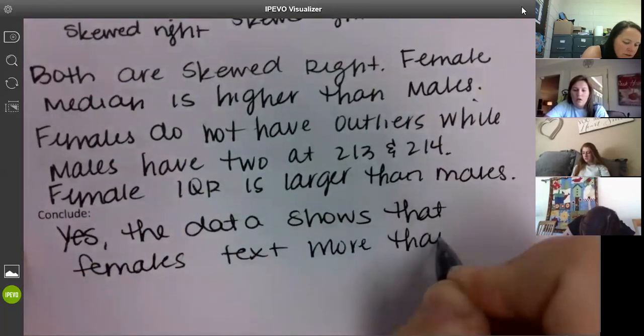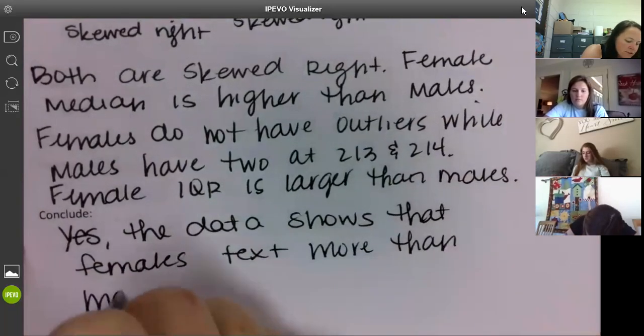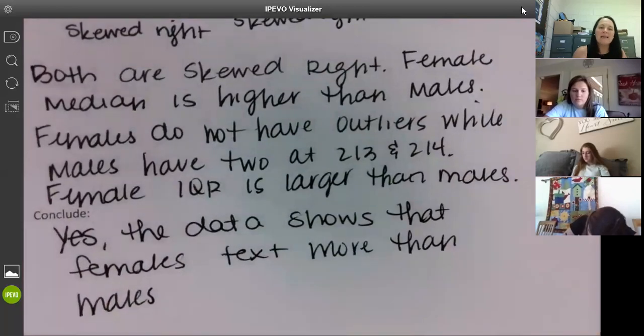But we're not finished with this because you need to make sure you make it specific and in context of the problem. What did they take their data from?